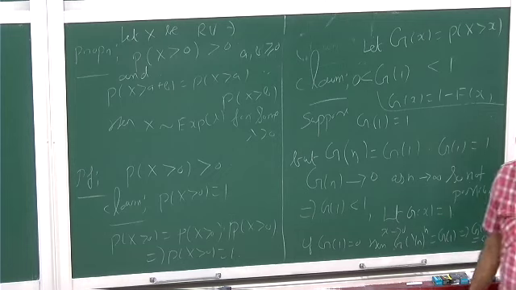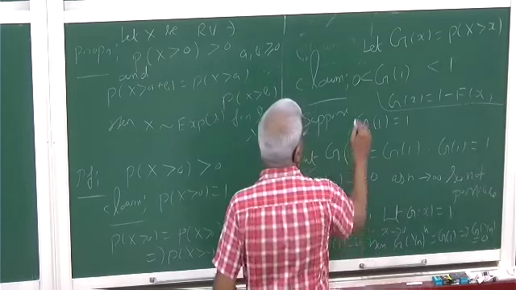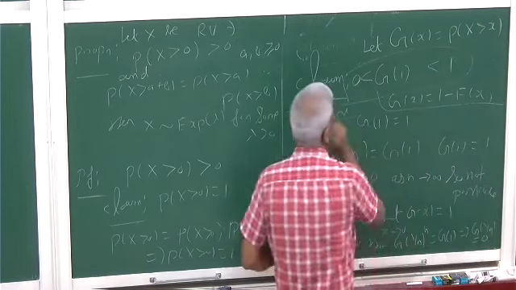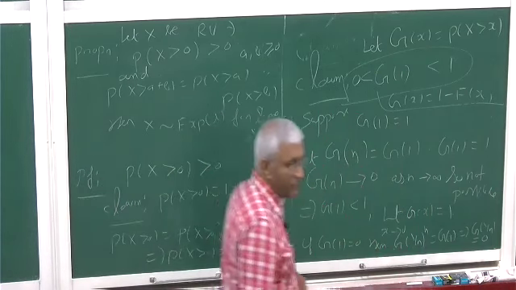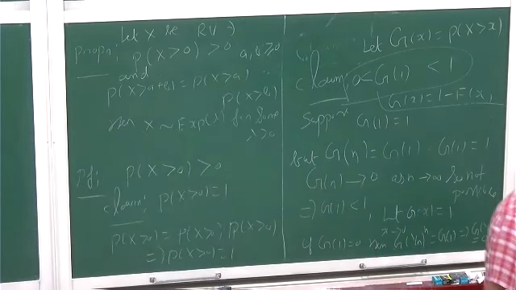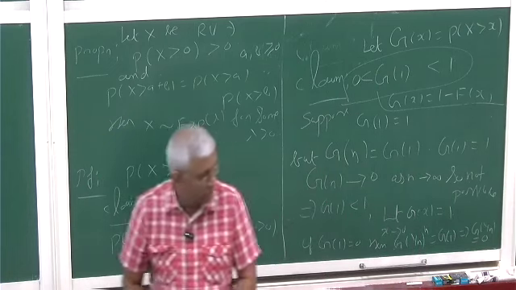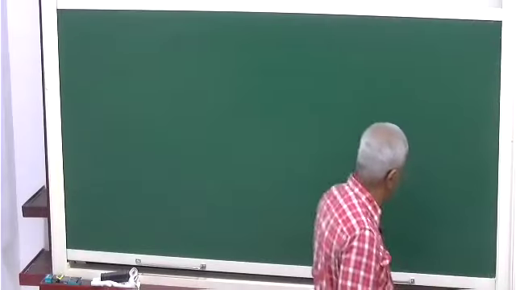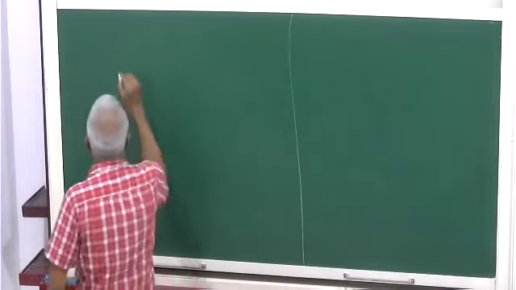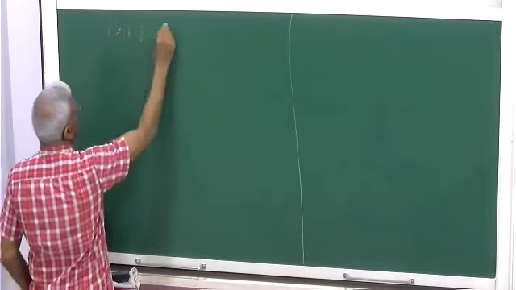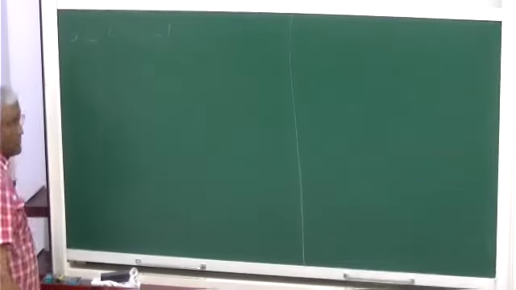So it's not possible. These things imply that g of 1 is strictly less than 1 and strictly greater than 0. So we have this: g of 1 is strictly less than 1, strictly greater than 0.